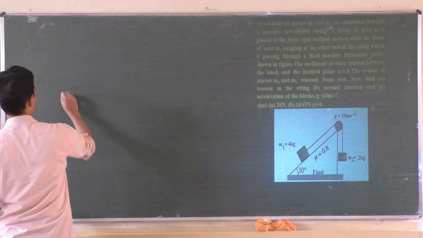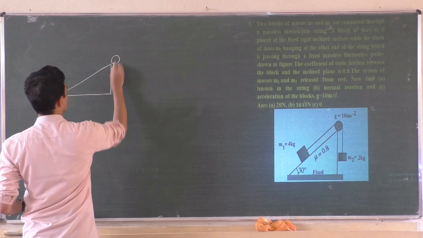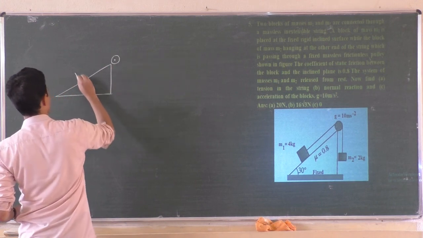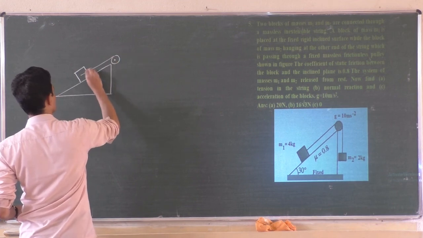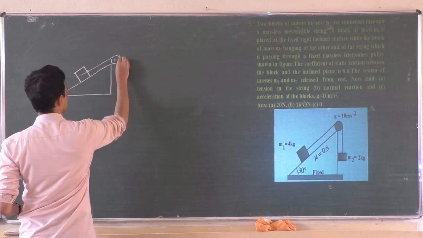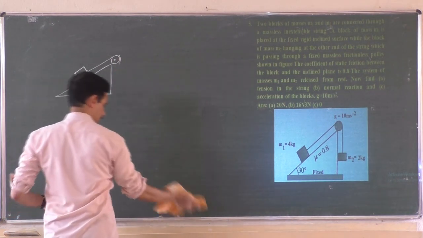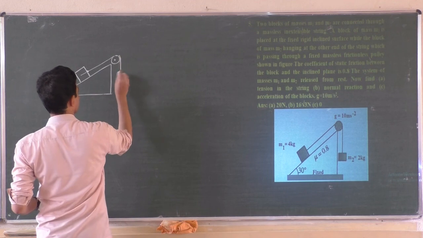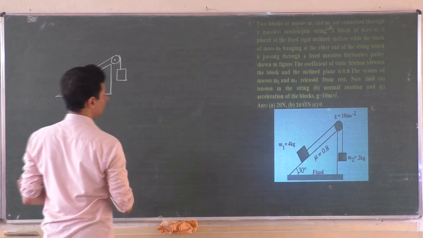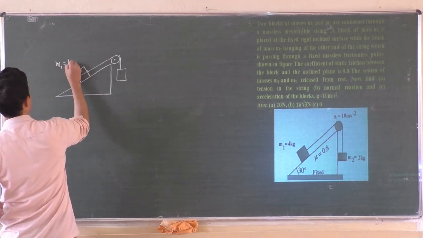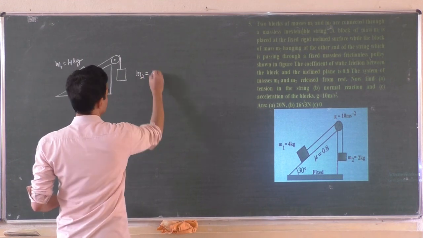There is an inclined plane like this, and here is one pulley, and here is a block. This is connected using a string that passes over this pulley, and finally another mass hangs over this. This is named M1, that is 4 kg, and this is named M2, that is 2 kg.